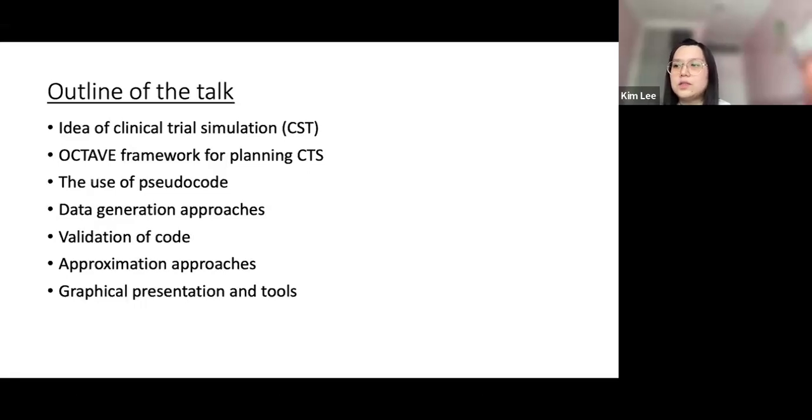I will then briefly talk about some computational aspects. This includes the use of pseudocode, data generation approaches, suggestions on code validation, and approximation methods that may speed up the investigation process. I will end my talk with some comments on graphical presentation and tools.